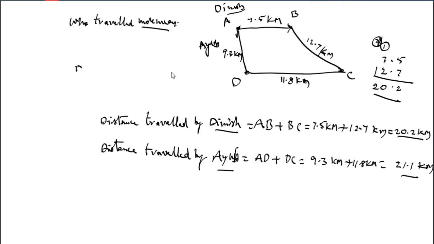So who traveled more means you compare these two. Here 21.1 kilometers is greater than 20.2 kilometers. 21.1 means distance traveled by Ayub.